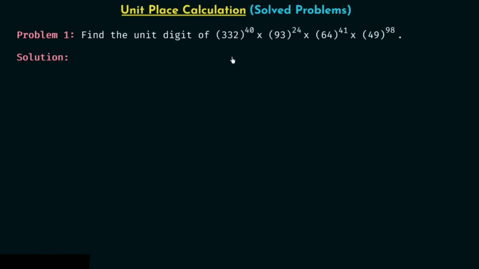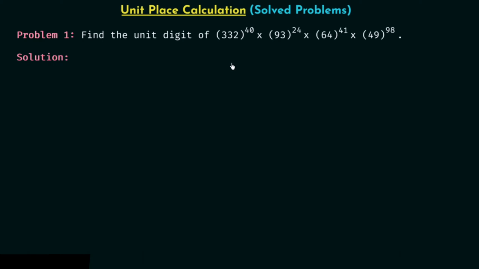There we saw whenever we have 2 at the unit place, we take the power and we divide it by 4. After the division, we note down the remainder, and with the help of the remainder, we can find out the digit at unit place. So let us take this power 40 and divide it by 4.